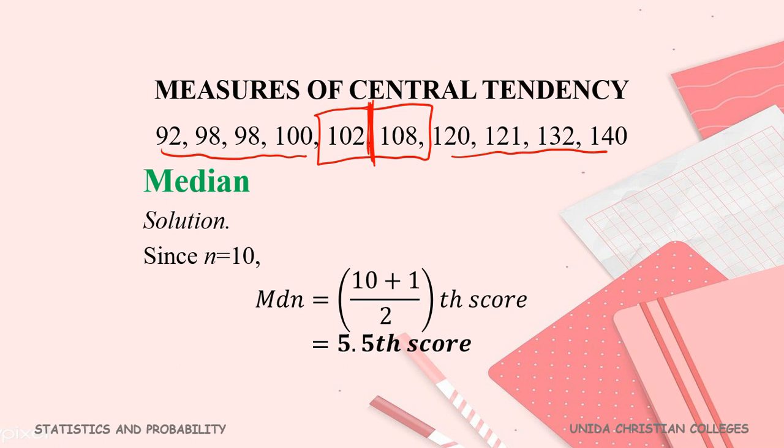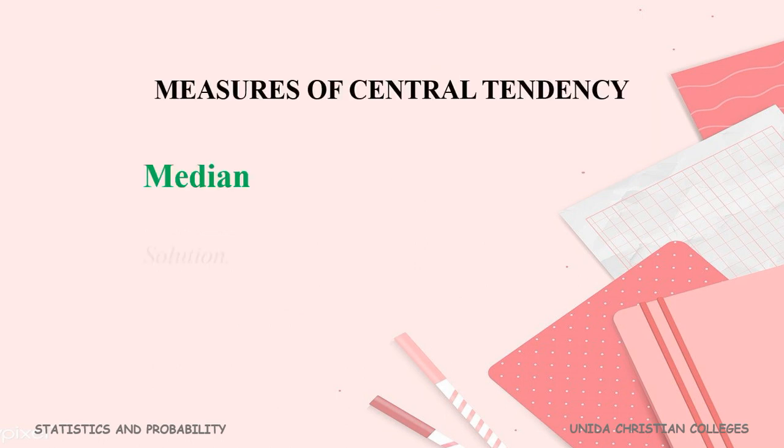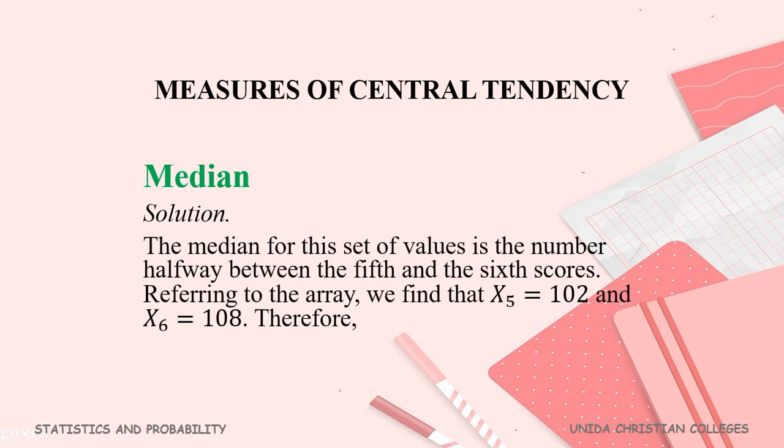So, paano nga natin ulit kukunin? We will add the 2 and then divide it by 2. So, 102 plus 108, the answer, you will divide it by 2. And that will be your median. Okay? So, we will obtain the median for this set of values is the number halfway between the 5th and the 6th scores.